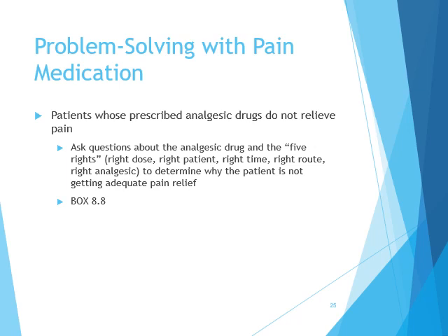And you can look at table 8.5. Why did I say 8.8? Oh yeah, that's a box, so that's problem-solving with pain medication. But I also want to turn you to table 8.5, which is the one before that, and that's just some adjuvant drugs and pain medications that can be used besides the ones that are ordered, or that you might ask the doctor for in addition.